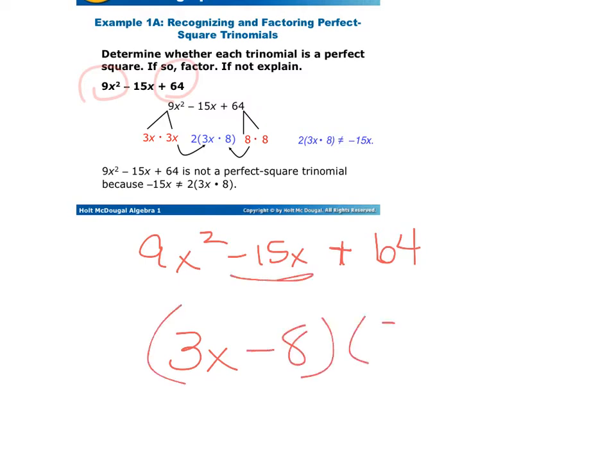And I'm going to write this 2 times and FOIL it. If this FOILs back and gives me negative 15 in the middle, then I know I can do the trick. Otherwise, I would have to do it the long way.